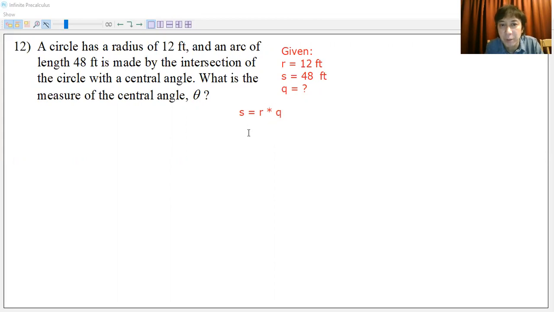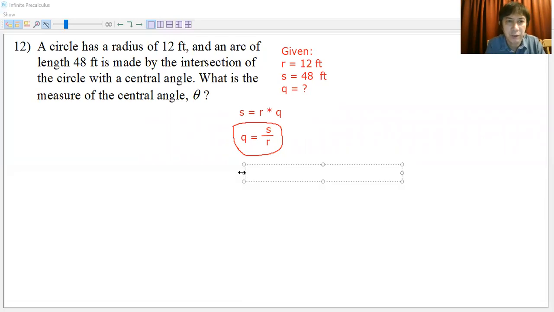So after some literal equation, we have Q equal to S over R. Here's our formula if we're asked to solve for the angle. So we will proceed by using this formula.